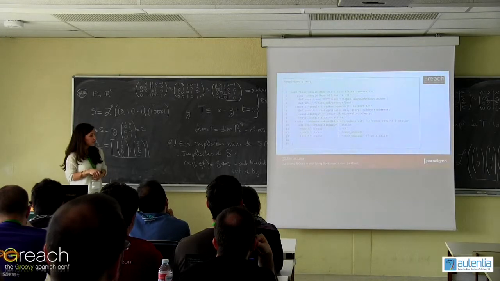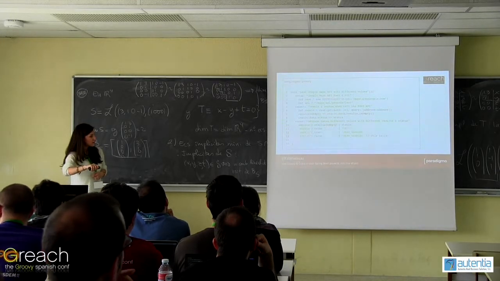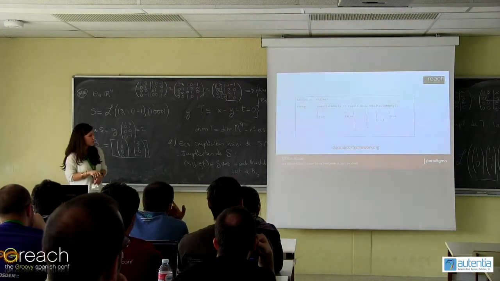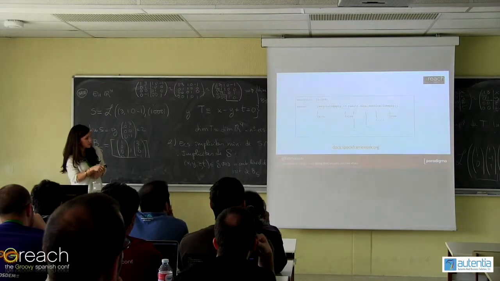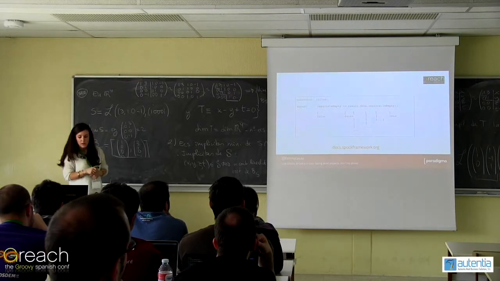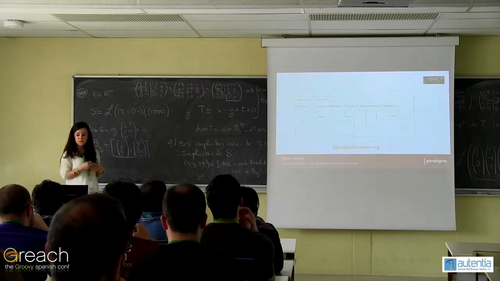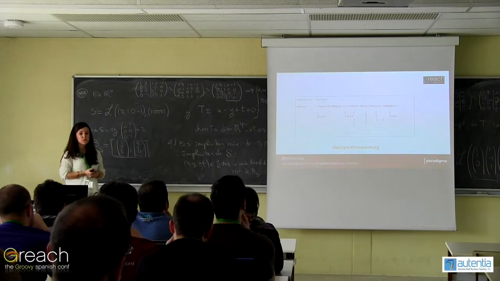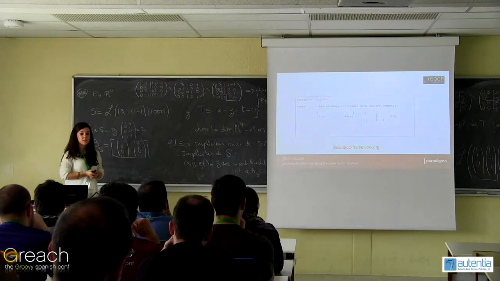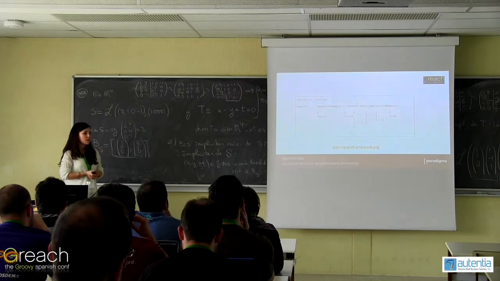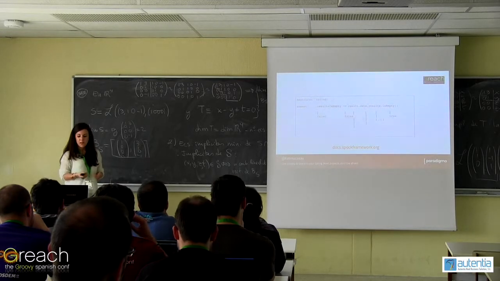For example, in this case, the third combination fails, and the result is like this. It's very easy to read the failure, and in addition to this, we have more features with the use of many tags and other methods such as setupSpec, cleanupSpec, and many more.